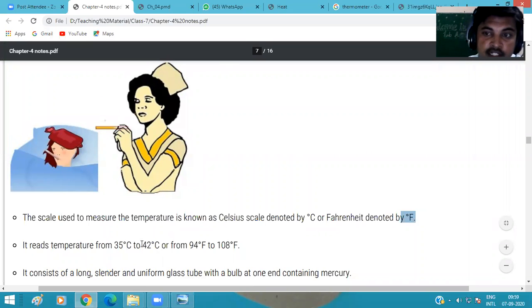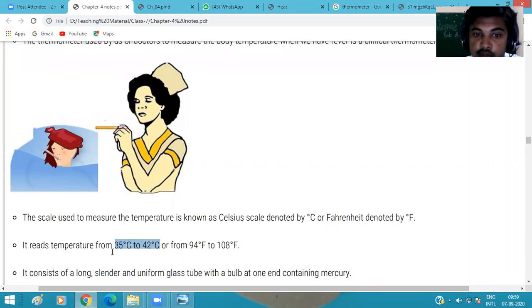The temperature scale present on the thermometer is from 35 degrees Celsius to 42 degrees Celsius. It means in a clinical thermometer the minimum reading is 35 degrees Celsius and the maximum 42 degrees Celsius is marked, and in Fahrenheit 94 degrees Fahrenheit to 108 degrees Fahrenheit.